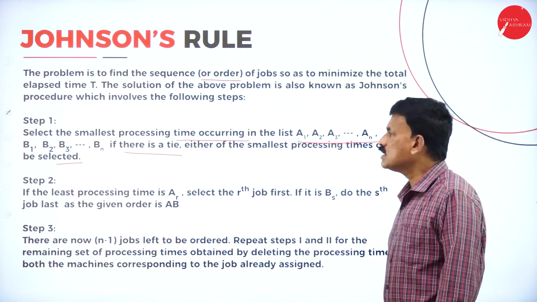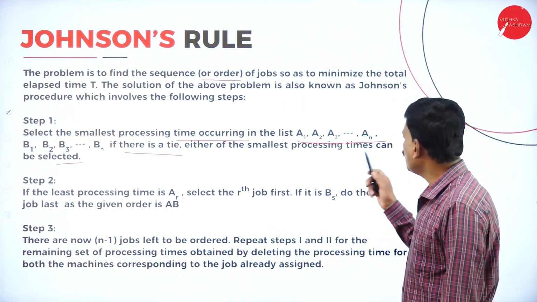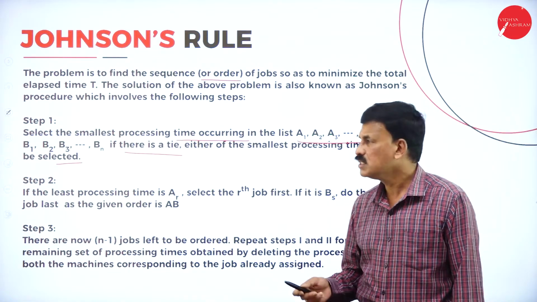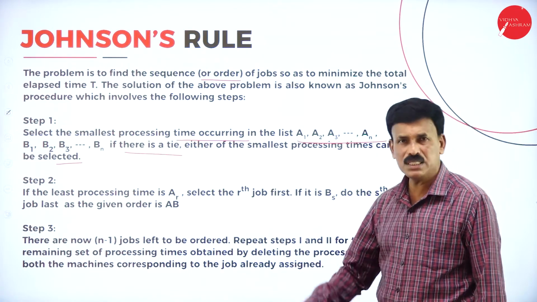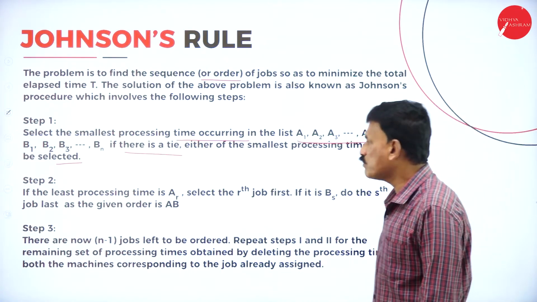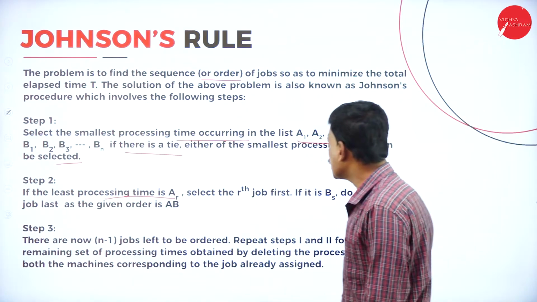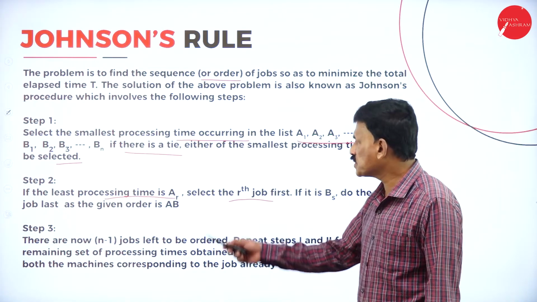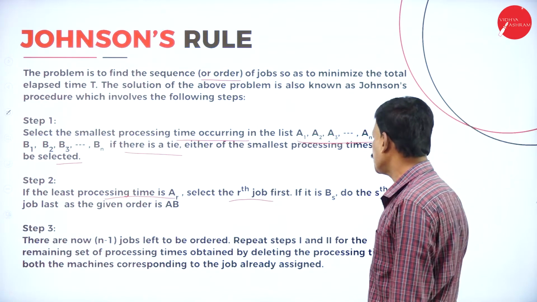Now, just find the least value in A1, A2, An, as well as in B1, B2, B3. If there is a tie, either of the smallest processing times can be selected. Now, step 2: if the least processing time is Ar, select the rth job first.